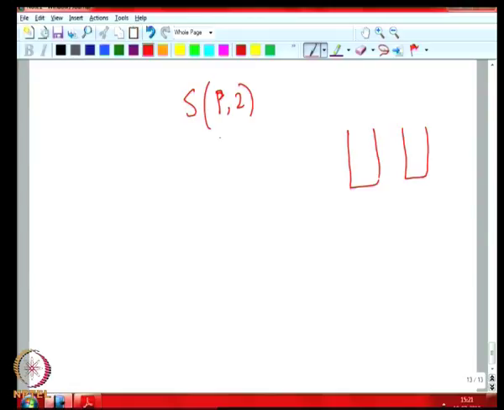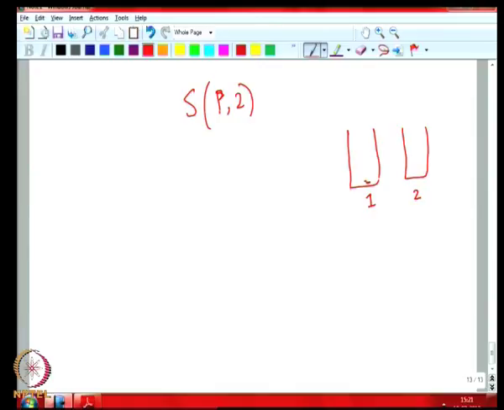It's easy to see that, for instance, you cannot take phi as a subset. For the time being, I'll assume that this is the first box and this is the second, though the boxes are indistinguishable. If I try to put phi, an empty set out of P, it's not allowed. It has to be a non-empty set.